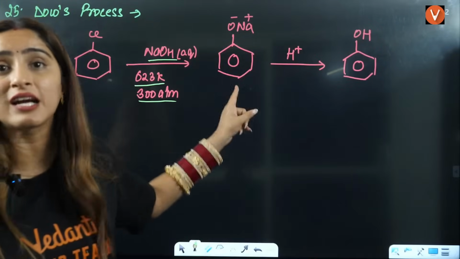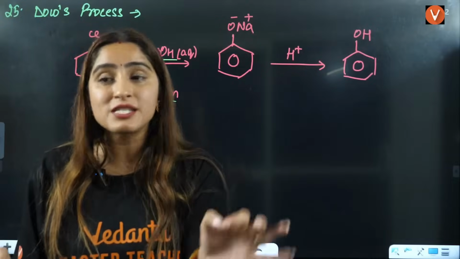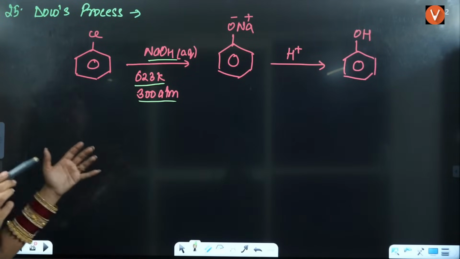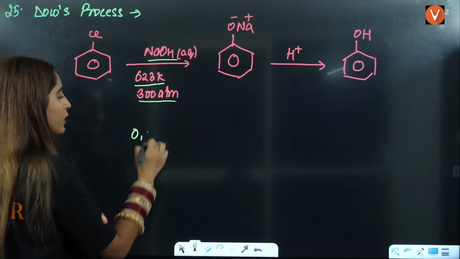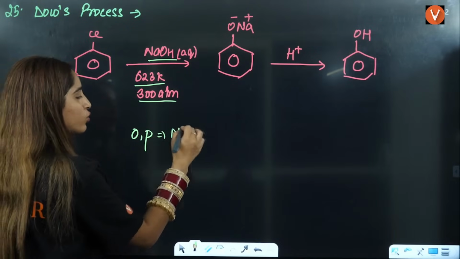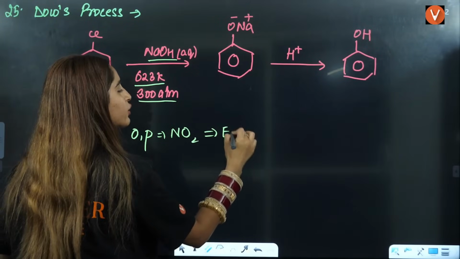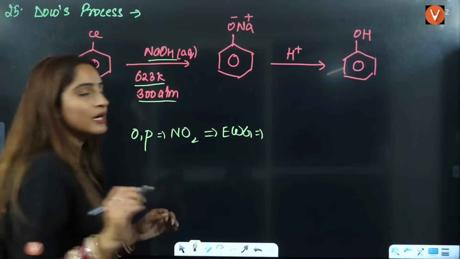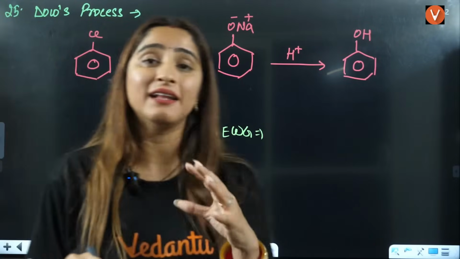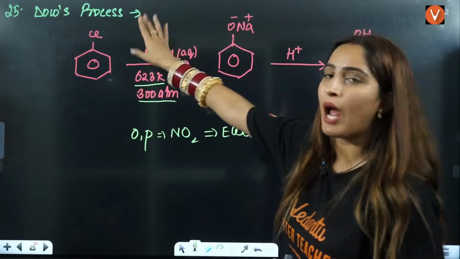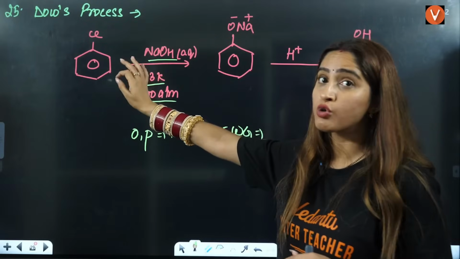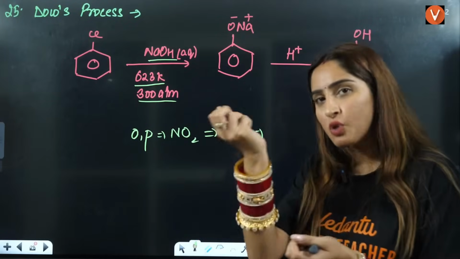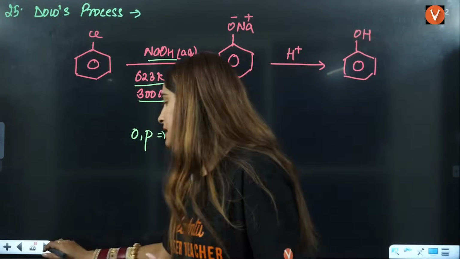Because of these drastic conditions, it has a specific name, that is Dow's process. One more thing: if you add NO2 or any electron withdrawing group at ortho and para positions, then the conditions will decrease. If you add NO2 at ortho position and at para also, then you just need to warm it and you will get phenol, because you have electron withdrawing groups on it.